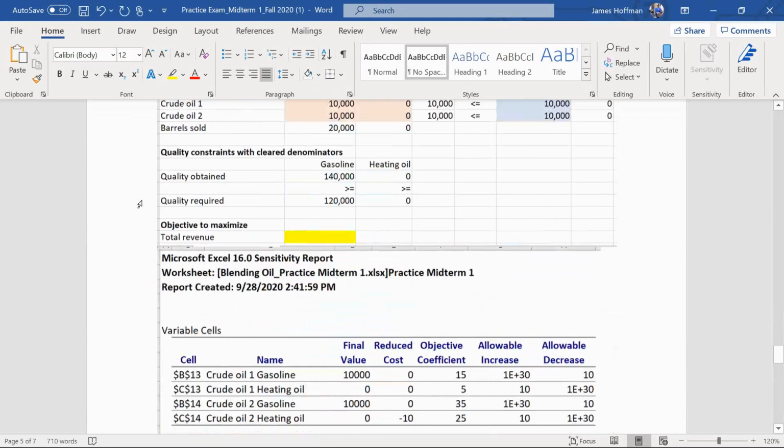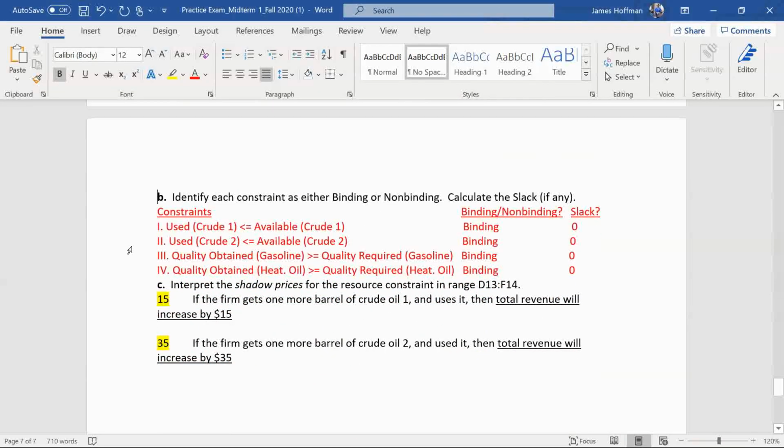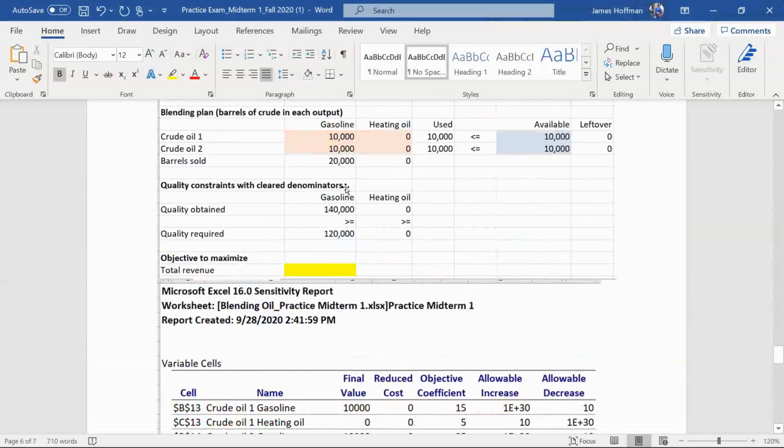Question B, for number 7. For the quantity obtained, gasoline and quantity required. I thought it was non-binding. Right, so this one here. I tried to explain this one's a little bit weird, but it is binding because the quality has to be met, or else the model can't solve.